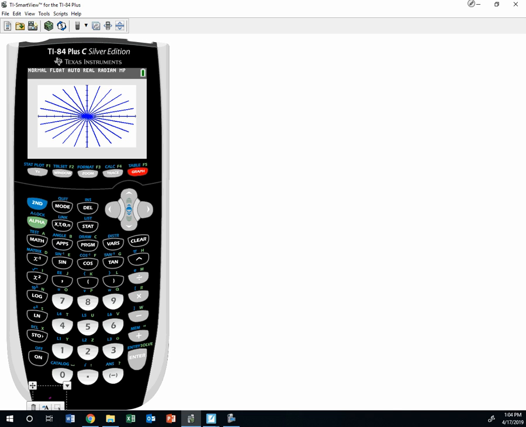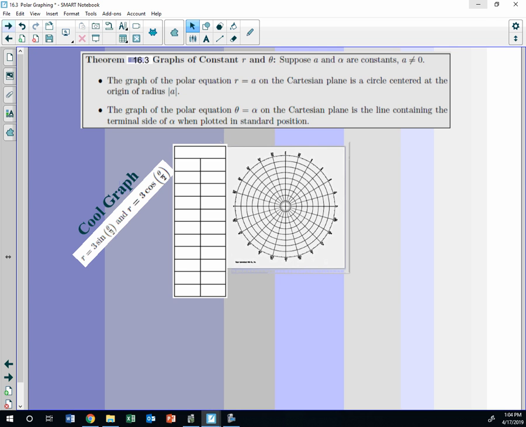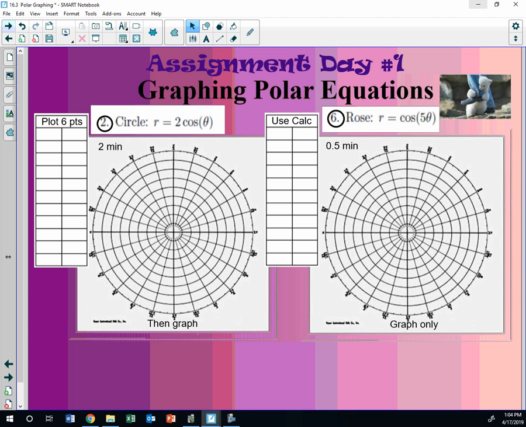What you're going to do for the problems, go right down to the first one. So you're going to take theta, and then you'll calculate r. For theta, let's just pick 4 that will be easy: 0, pi over 6, pi over 4, pi over 3.